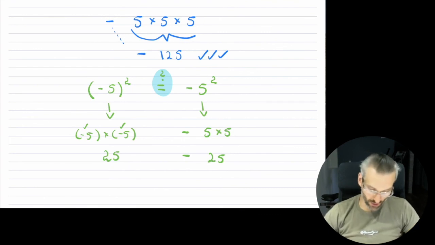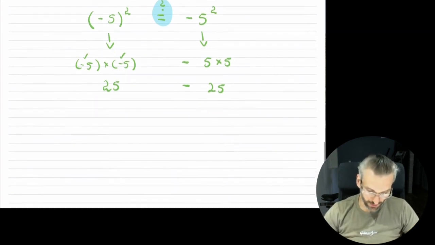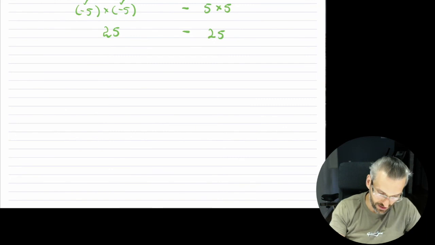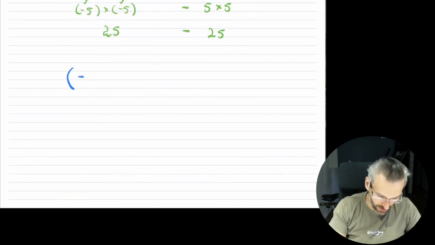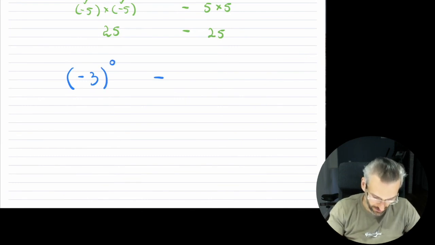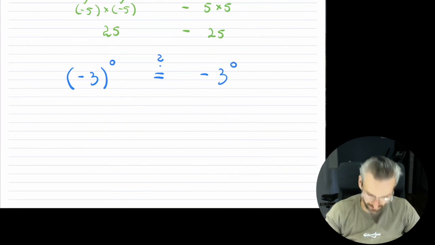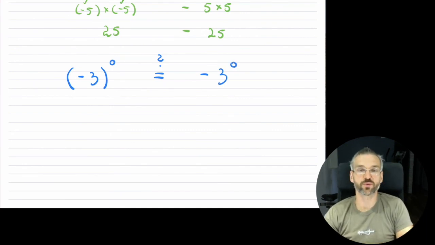Before I let you go, and you finish with this video, here is something of interest, hopefully to you. If you put this to the 0, does it equal this, without the bracket, to the 0? So based on what we just talked about with the brackets and applying them to negative numbers, are these the same?